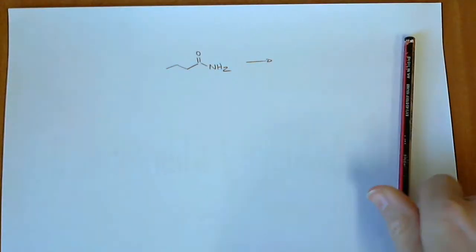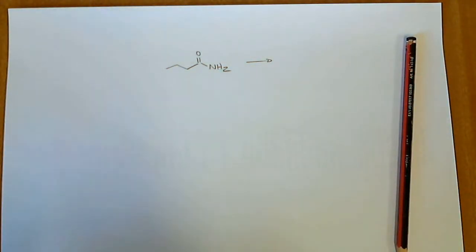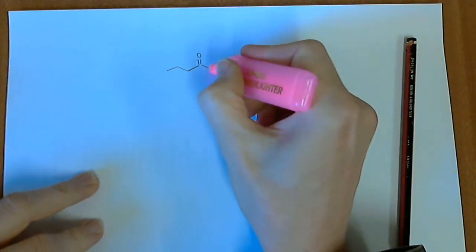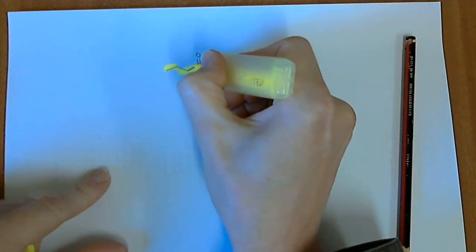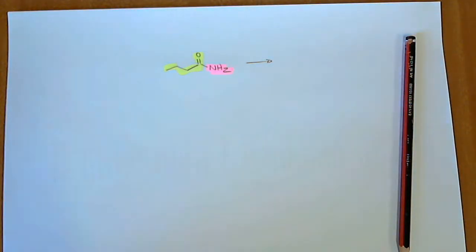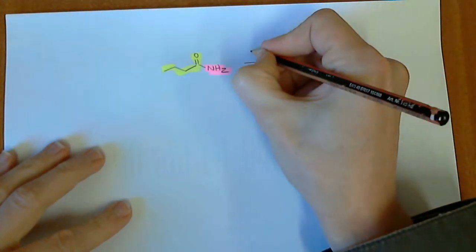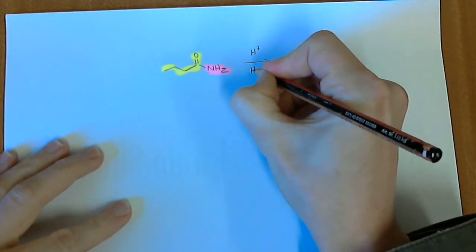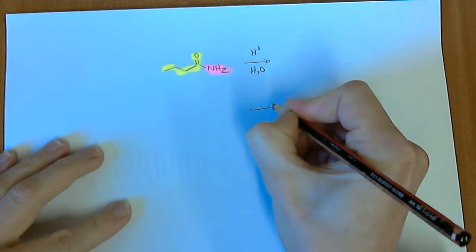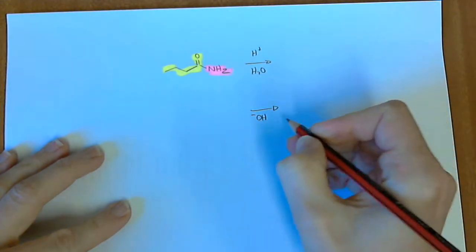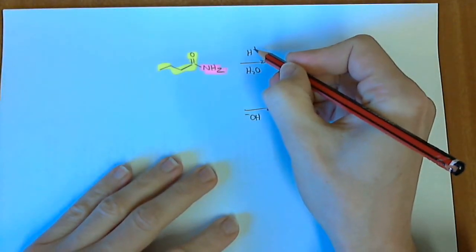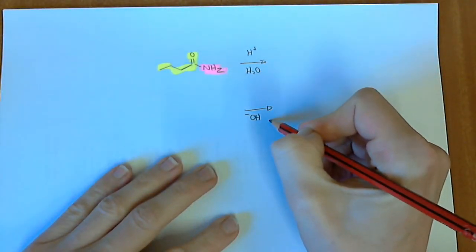And once again, an amide is made up of two parts: the amine part and an acid part as well. When we hydrolyze it either under acid conditions or under base conditions, we get two slightly different products, based on whether we are acidic or basic in the hydrolysis.